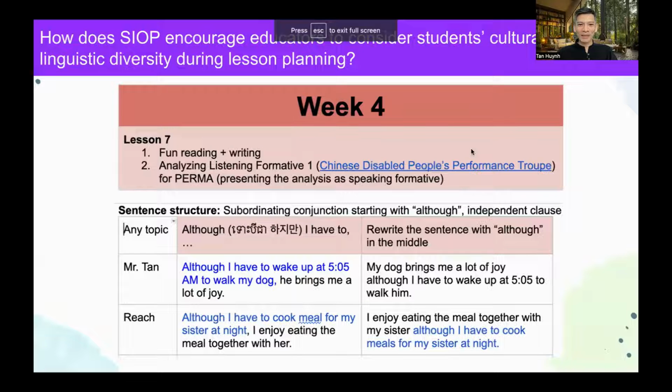So let me give you an example here. This is an actual lesson from week 4 in unit 1 when my students were learning about overcoming difficulties, adversities. So I was trying to teach students about the concept of the word although.